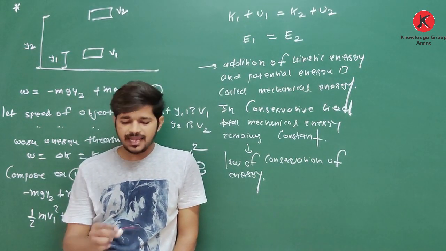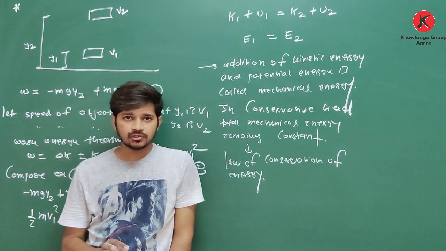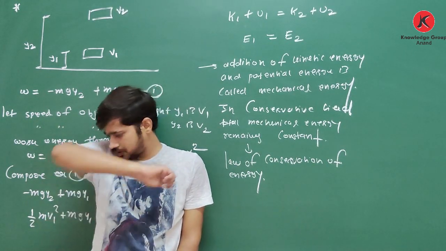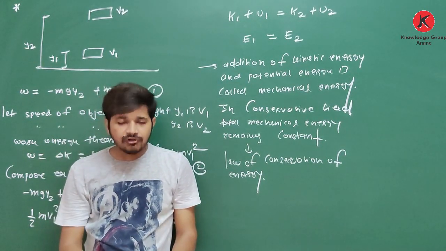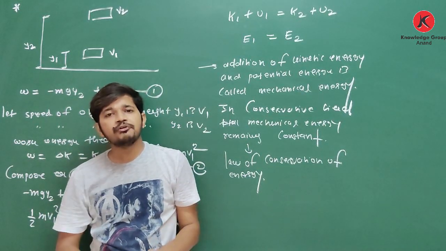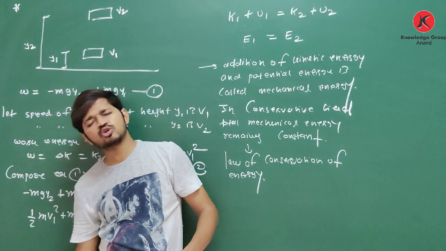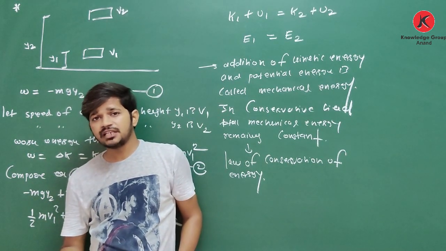If I have this chalk on the surface of the Earth, height is 0, so potential energy is 0. At rest, kinetic energy is also 0. If I throw this chalk in the upward direction, the initial speed is maximum, so kinetic energy is maximum.